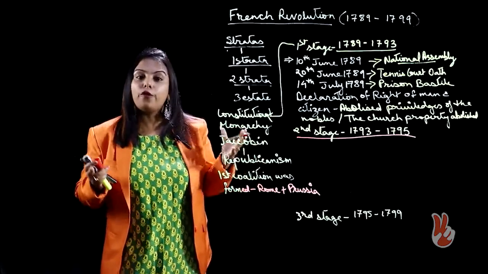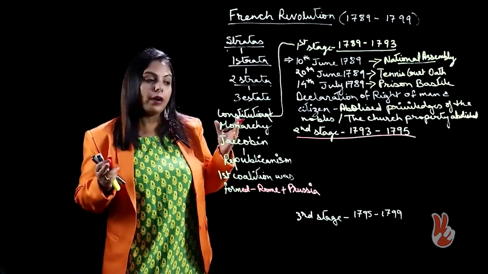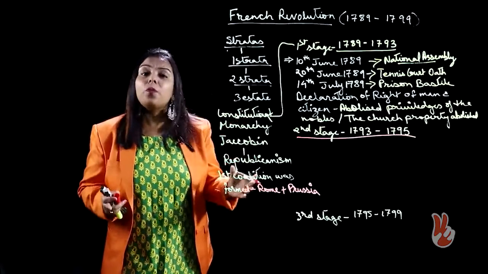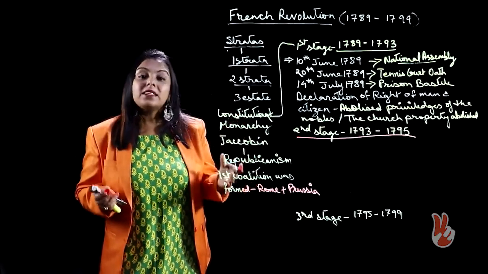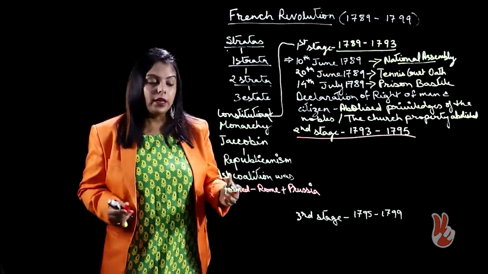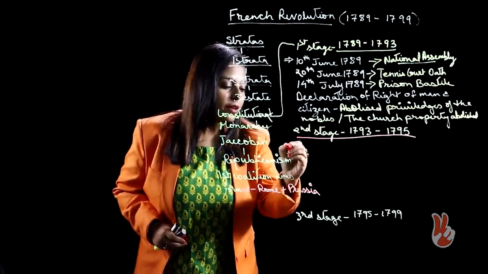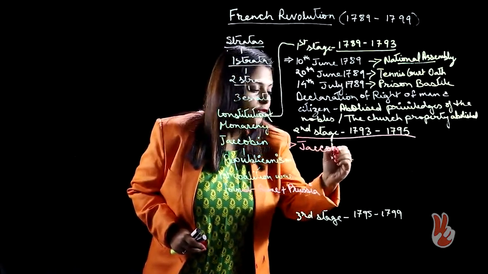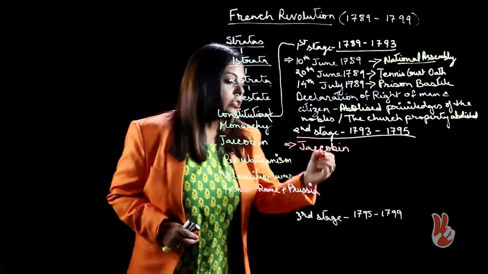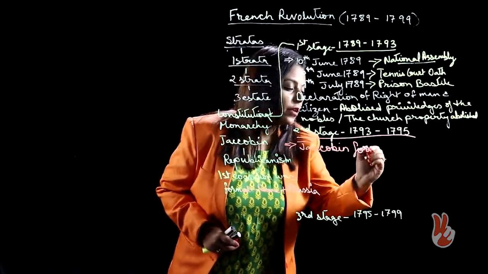That radical group of the legislature was headed by a man called Maximilien Robespierre. Now, let me write his name. The Jacobins took control of the government. The Jacobins formed the National Convention.